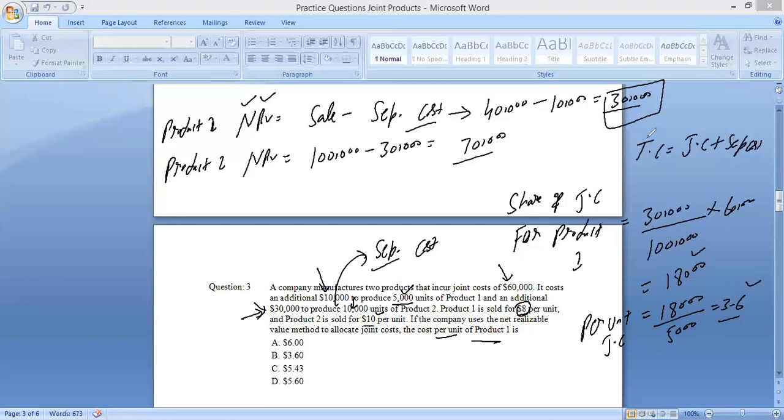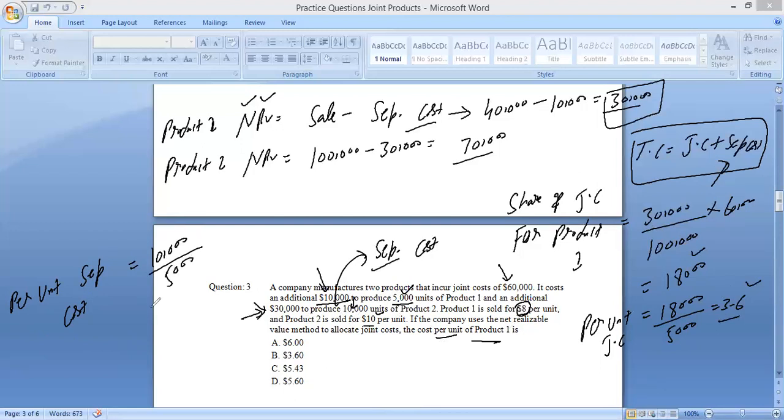But students, here I need per unit total cost. So I need per unit separable cost as well. For 5,000 units, I am spending 10,000. So for clarity, per unit separable cost, how will I get it? Separable cost incurred is 10,000 divided by the number of units, so it is coming to 2.